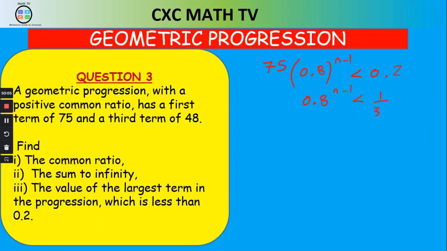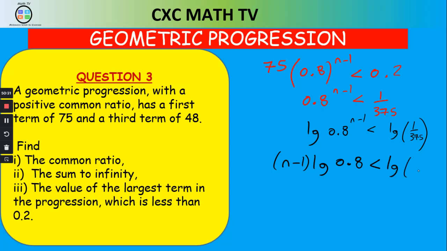1 over 375. Now, in order to get n, we have to do what? Whenever the unknown is in the power, we take log of both sides. So the log of 0.8 to the n minus 1 is less than the log of 1 over 375. And we'll bring down the power. So n minus 1 log 0.8 is less than the log of 1 over 375.